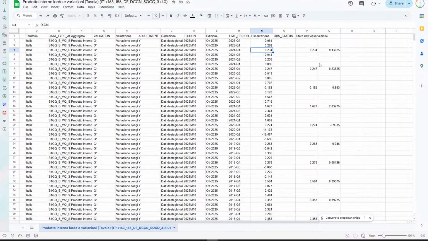Here we see, for example, for 2024 the gross domestic product was 0.24, and if we make the average of the 4 quarters, it's 0.13. 2023 is the same, 0.24, 0.25, the average is 0.24, just to be generous, magnanimous.